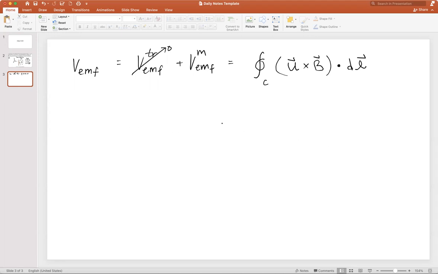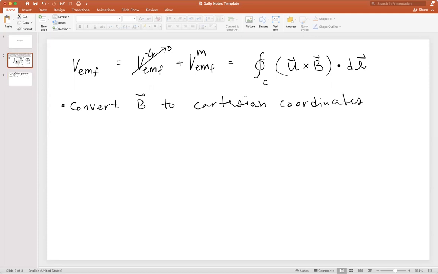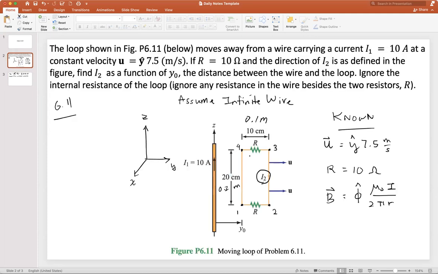So the first thing that we're going to do is convert the magnetic field to Cartesian coordinates. In this case, we're going to do this using a little bit of a shortcut method by noting that the loop of wire that is here is in the ZY plane only.